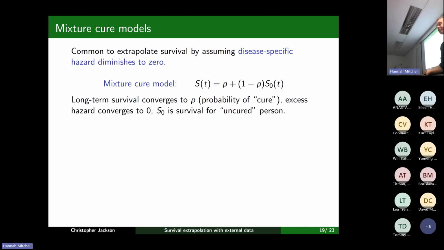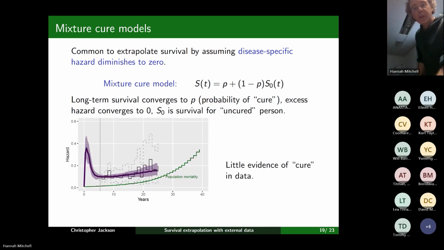In this case, we've got our flexible spline model we could use for that. So that's effectively saying that the disease-specific hazard will decrease to zero over time, but it's done through this kind of parametric model form.